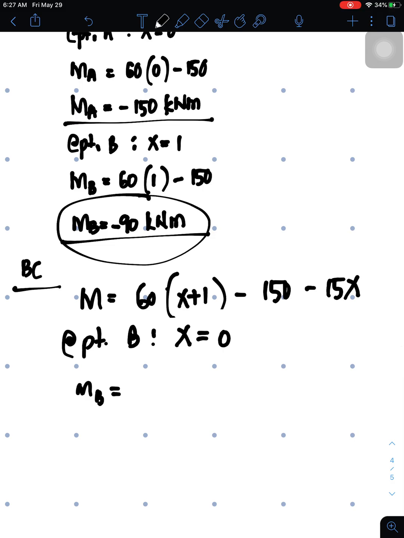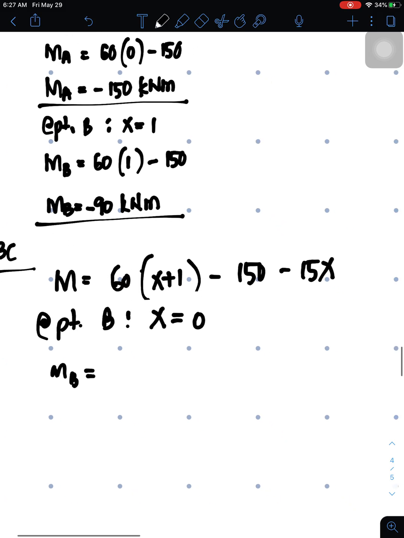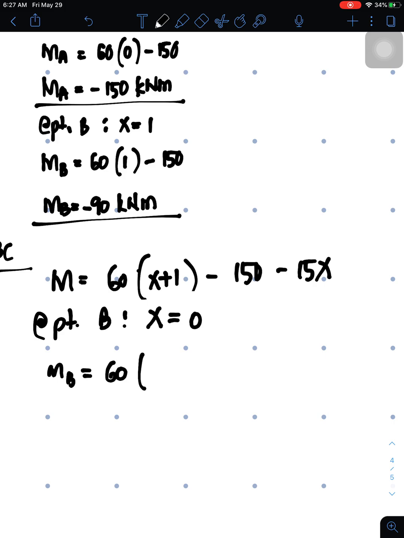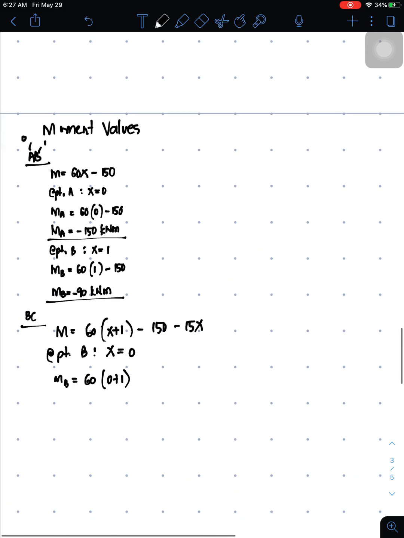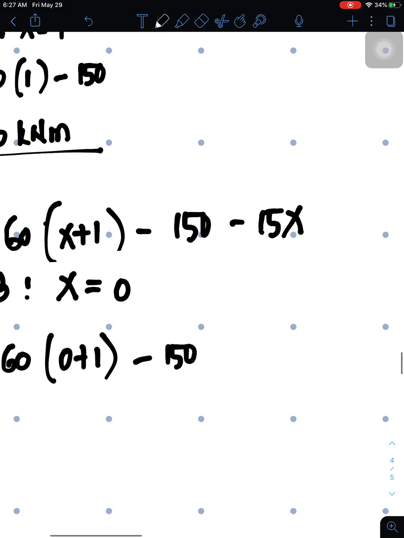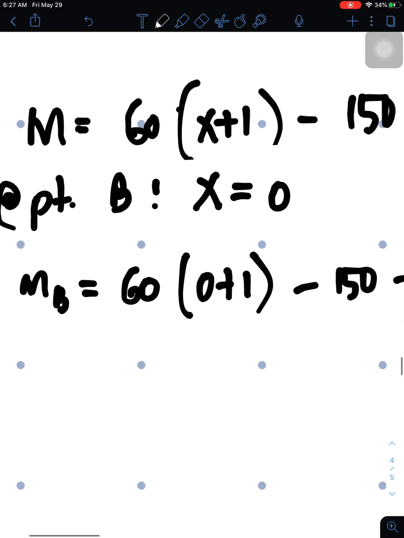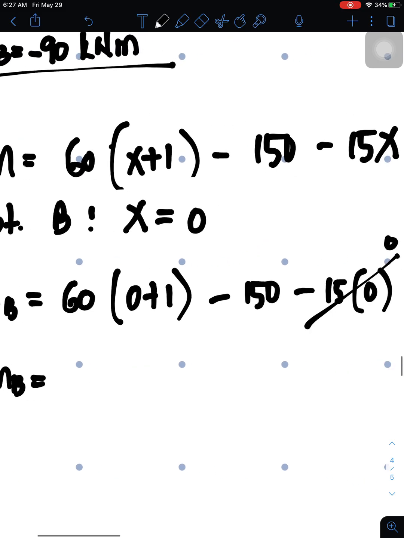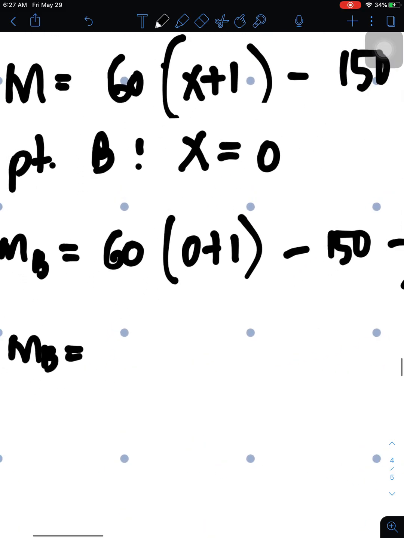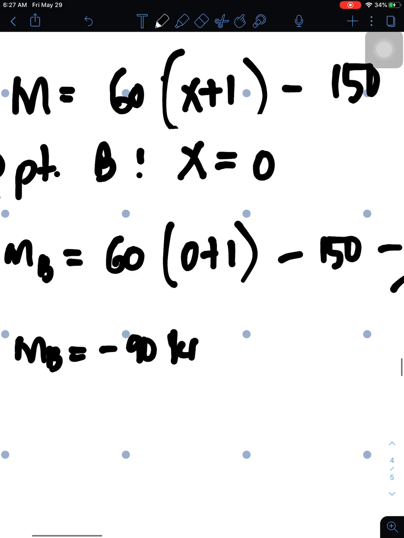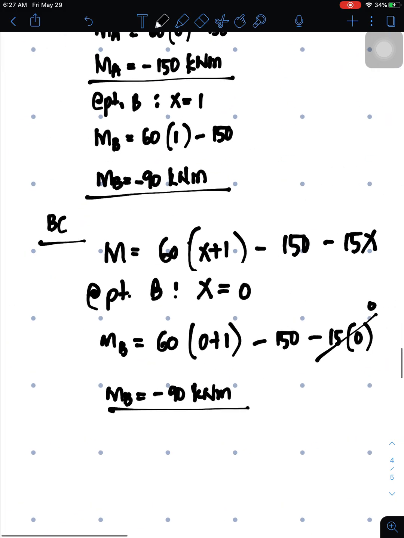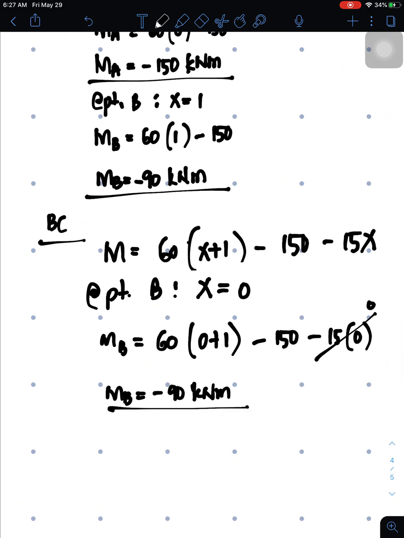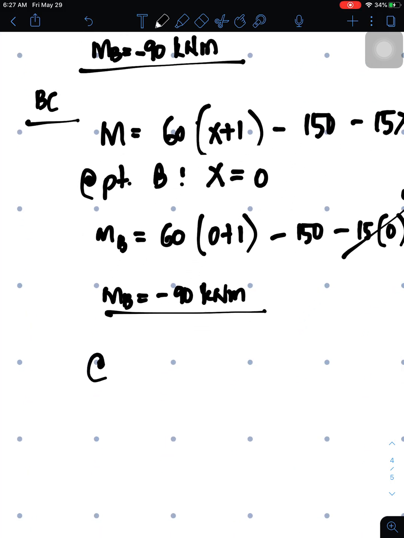Okay, sa previous, ni-give siya og negative 90. So, we have 60 times 0 plus 1 minus 150 minus 15 times 0. And this is 0. So MB is 60 times 1 is 60 minus 150. So you have negative 90. So as what I have told you, we're expecting a value similar to this.